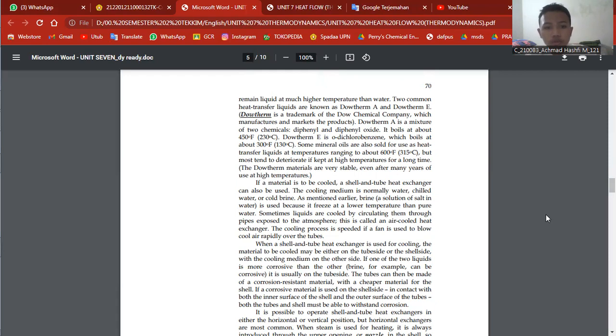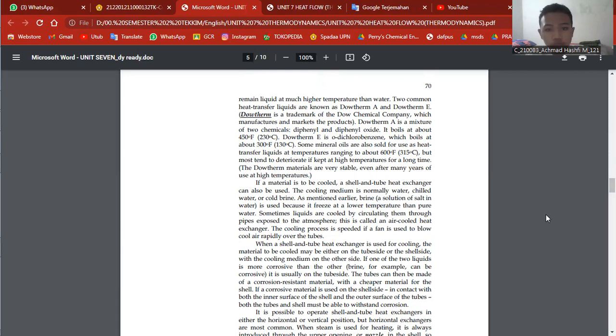Dowtherm A is a mixture of two chemicals, diphenyl and diphenyl oxide. It boils at about 450 Fahrenheit degrees or 230 Celsius degrees.